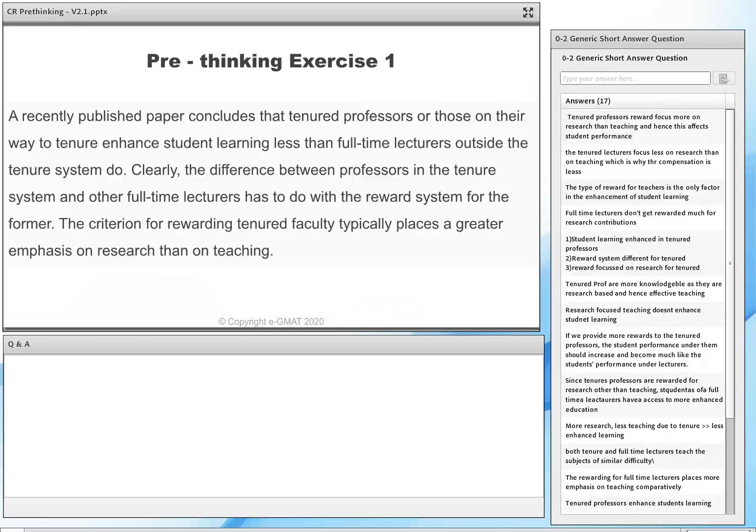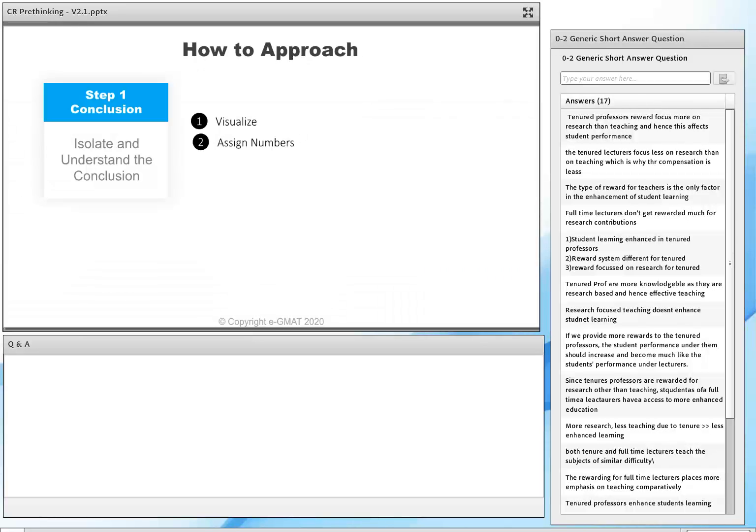They're good answers. Other answers talk about how research does not enhance student learning, or the fact that tenured faculty is required to do research. Those are not around the right piece overall. So let's really look at this. Some of you actually have gotten it really right.